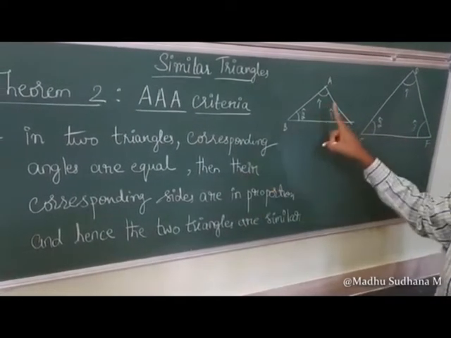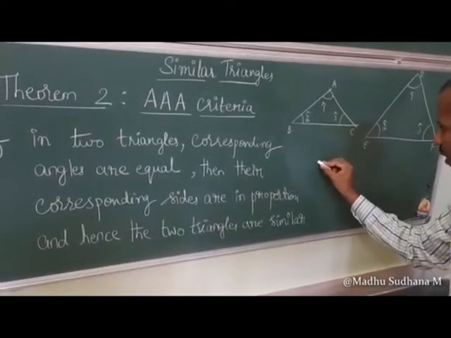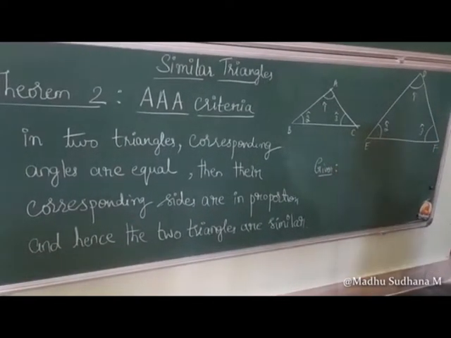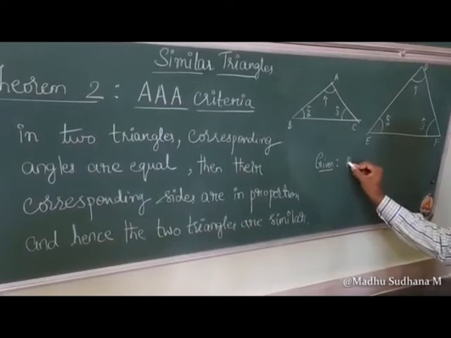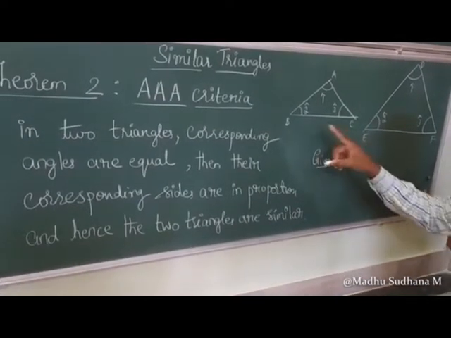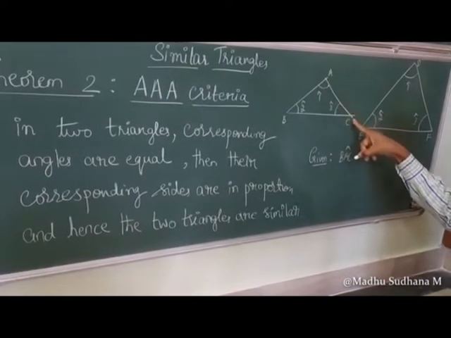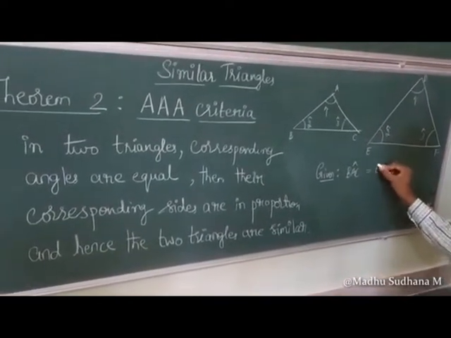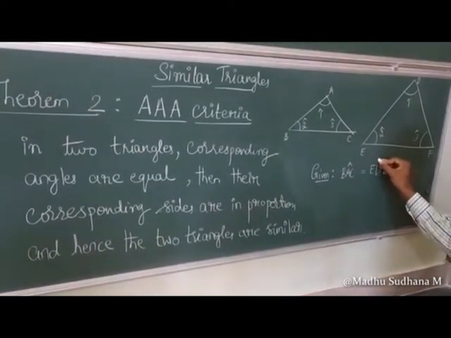Now this is the given part, right? So what can I write for the given part here? I can write given angle BAC equal to angle EDF. Let me write angle EDF here.